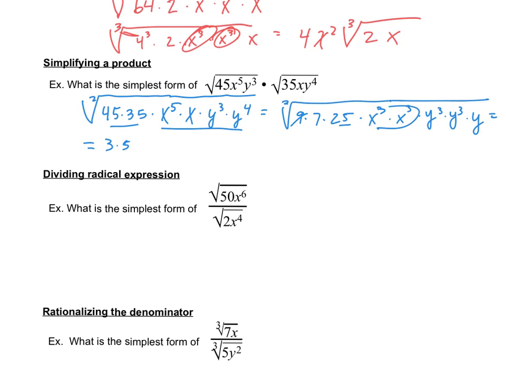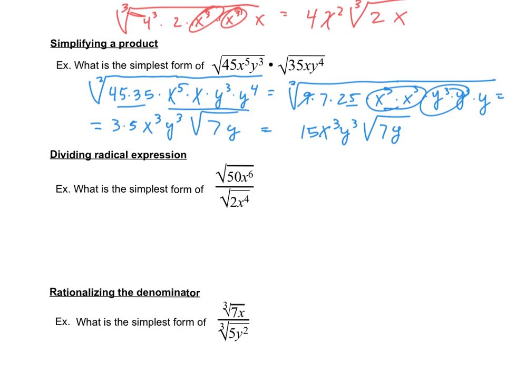Then the square root of x cubed times x cubed is going to be x cubed, and then the same thing for my y cubed, and that leaves behind a square root of 7y, and of course I didn't finish simplifying that. That should be 15x to the 3rd y to the 3rd, and leaving the square root of 7y behind.